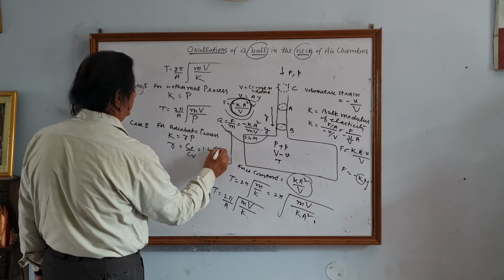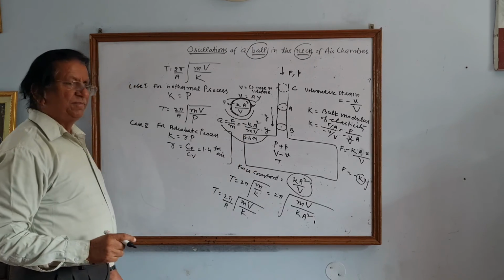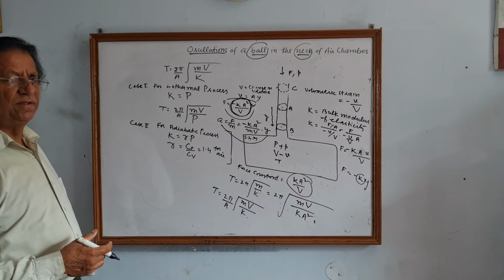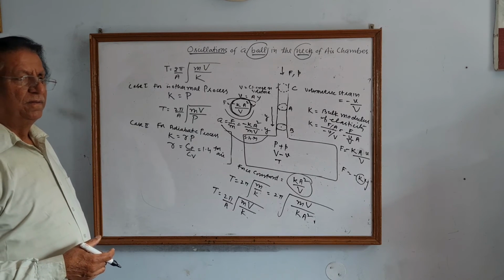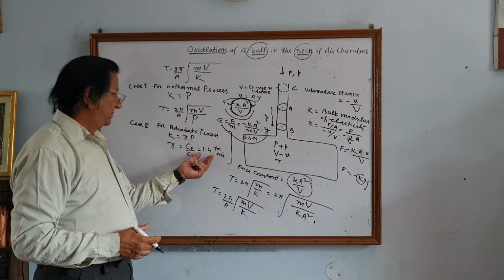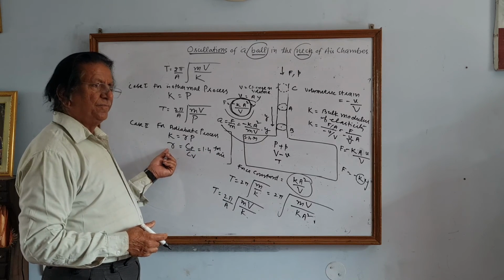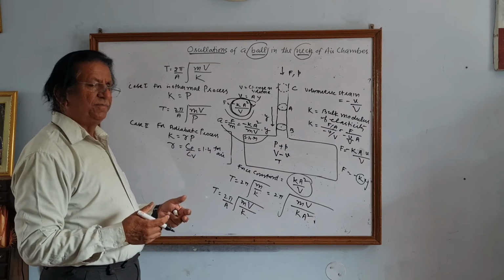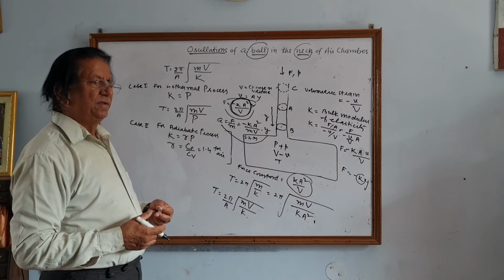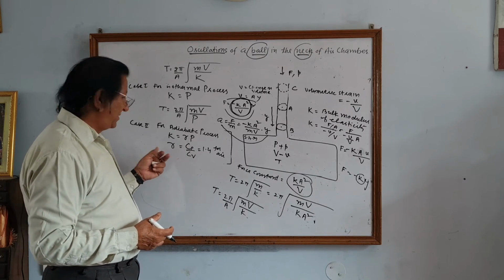We are dealing with an air chamber, which means the chamber contains air. It may contain a mixture of gases also, or a particular gas. For that, the value of gamma will be given. Whether the gas is monatomic, diatomic, triatomic or polyatomic, the K is different and this gamma is different.